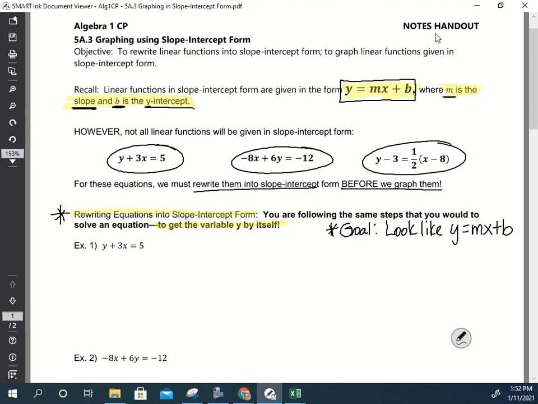So there are certain things that you could do in order to get that done. You might have to add or subtract. You might have to add or subtract your x term. You might have to do some division. You might have to do some distributing.